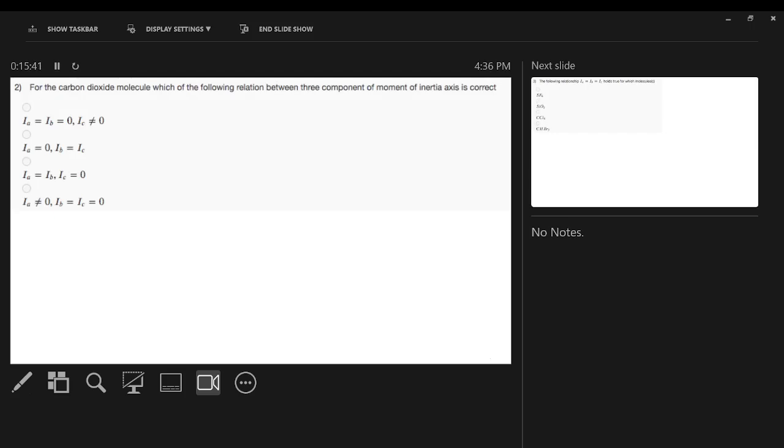First question: for the carbon dioxide molecule, which of the following relations between the three components of moment of inertia is correct? So we will look into carbon dioxide. This is CO2. If you see the structure of CO2, it's linear. So this is a linear triatomic molecule.